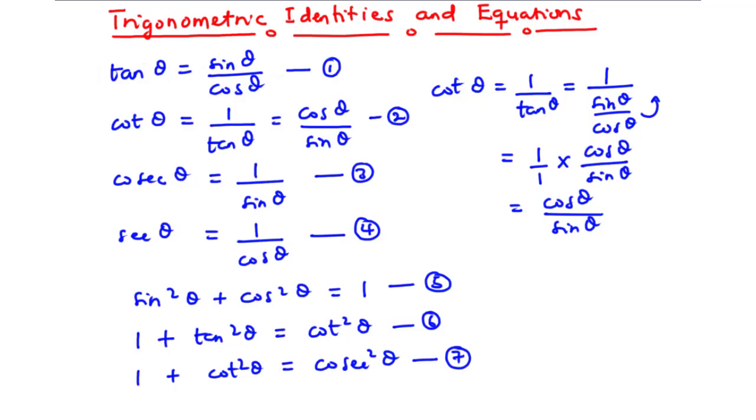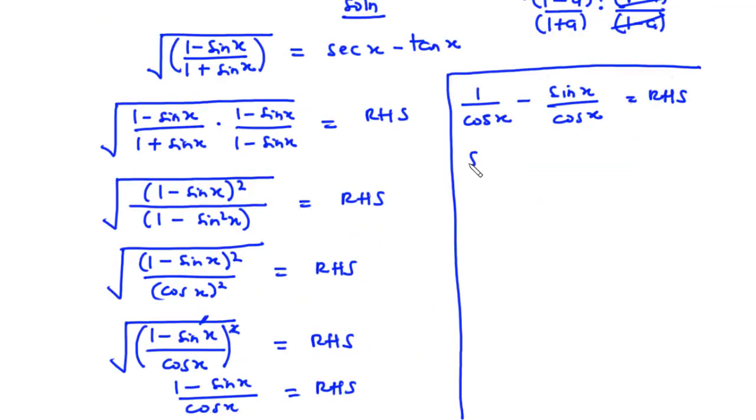So 1 over cos x is sec x. So this becomes sec x minus sine x over cos x, which is tan x. So that is the same as the expression we have on the right hand side. That is sec x minus tan x.